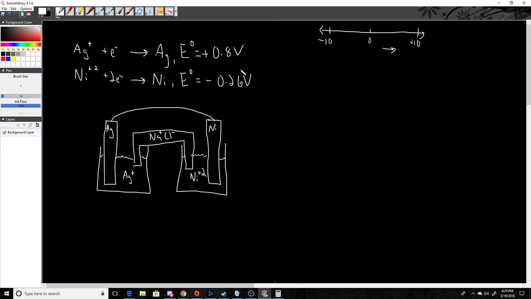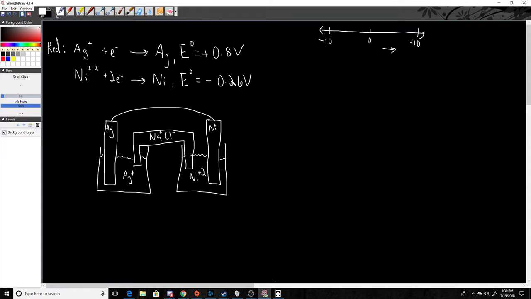In this case it's pretty easy: I have one positive number, one negative number. The positive one's the bigger number, so that's going to be the one that undergoes reduction. Gaining electrons is reduction, and this is already written as a reduction reaction. Since this one's positive, this is my reduction reaction.